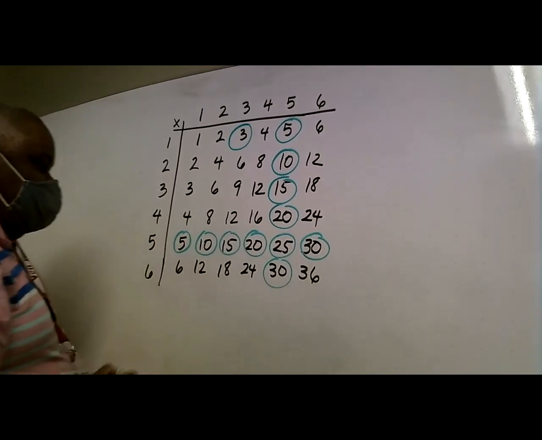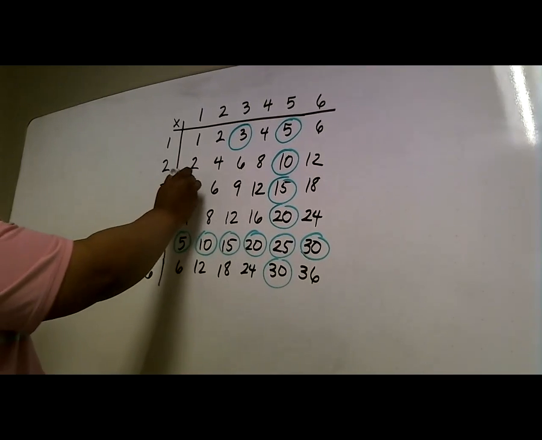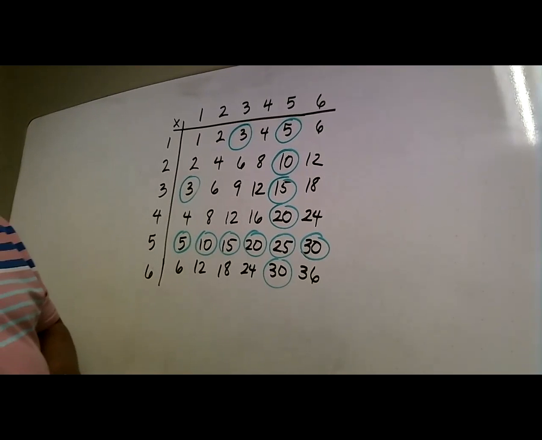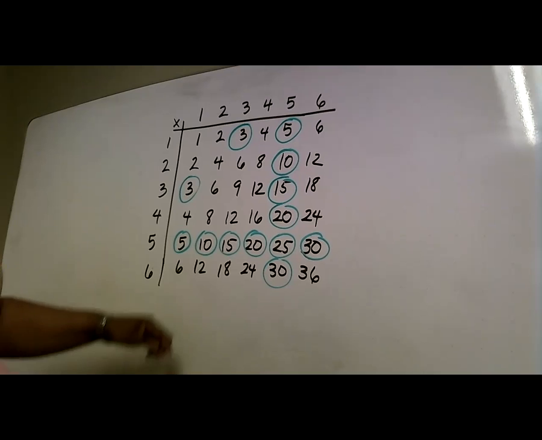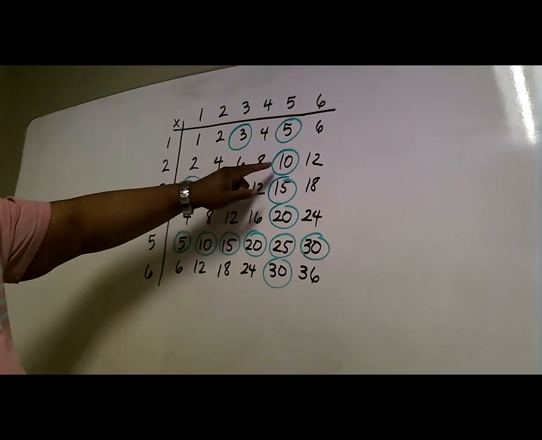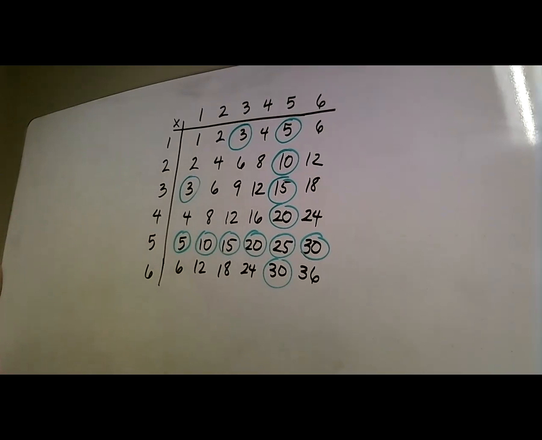And these are the multiples of 5 going that way. And the other 3, I should say. So the event of getting a 3 or a multiple of 5 would be 3, 5, 10, 15, 20, 25, and 30.